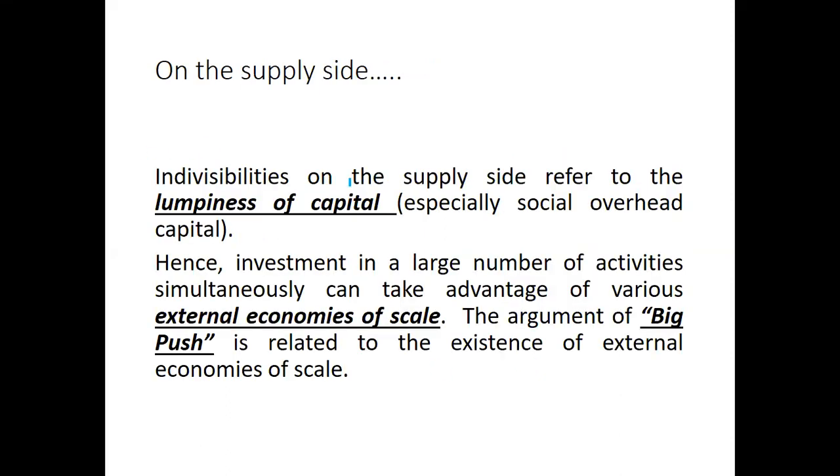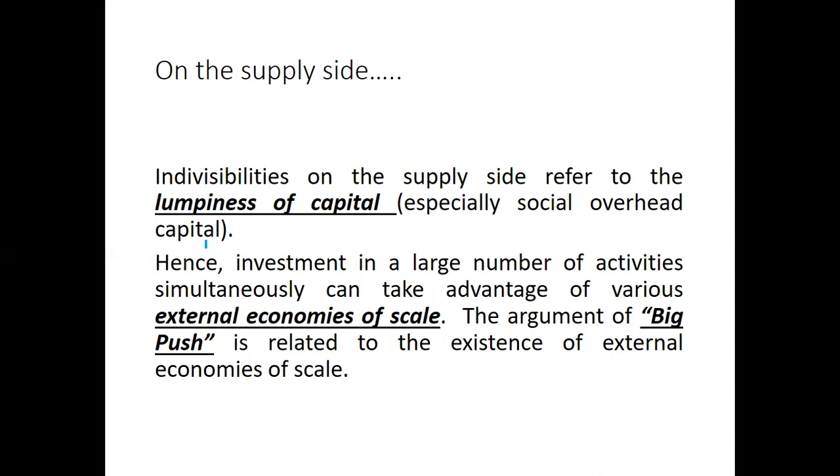Indivisibilities on the supply side refer to lumpiness of capital, especially social overhead capital. For example, you take the case of the railway, road, port, etc. You cannot cut them into small parts suited to a particular use. These things have to be used in full swing, in full operation.